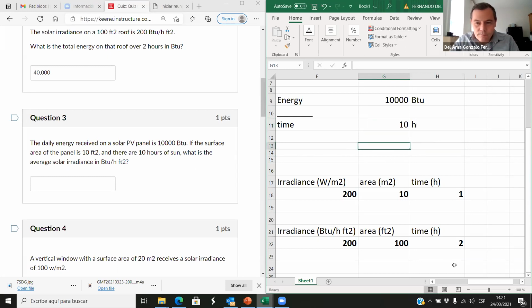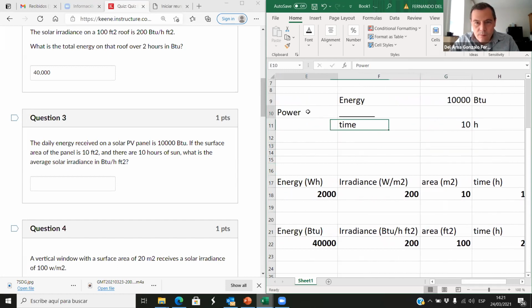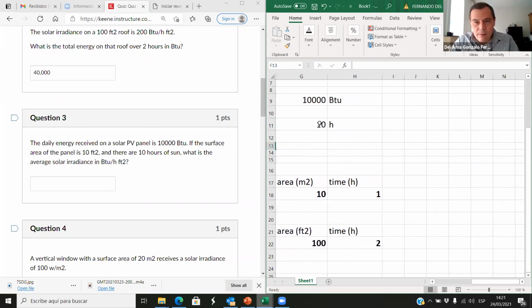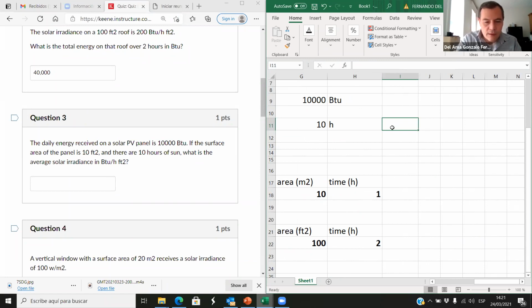And we have the area. Okay, so power, let's call this irradiance, is energy divided by the time times area. So the time is 10 hours. The area is 10 square feet.